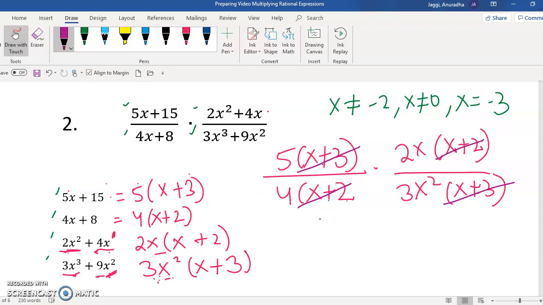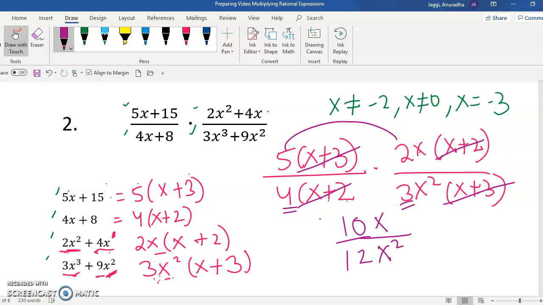So what are we left with? I can just multiply the two numbers. 5 times 2, 10. And here I have 4 times 3, 12. In the numerator, what else is left? X. And I have x square left in the denominator here.